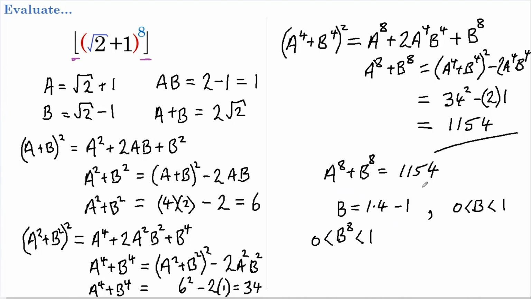Therefore, the only way that this equation will work is if A to the 8 is 1153 and B to the power of 8 is some fraction of 1. But we don't need to worry about what this fraction is, because we're going to take the floor of this expression and round down. Therefore, our answer is 1153.